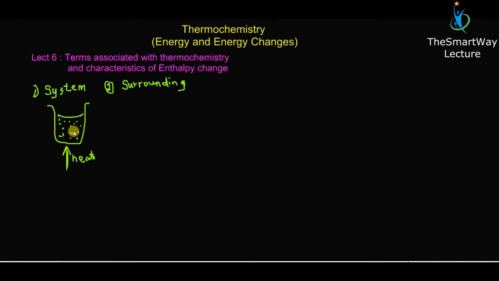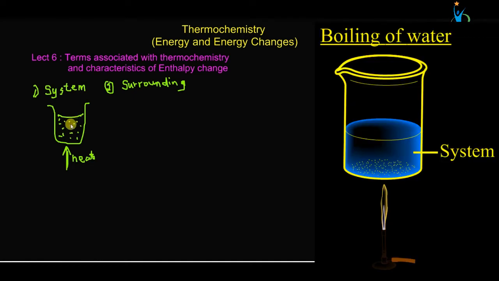But it is very important that the water you are boiling is not isolated from the surrounding. Because you are interested in boiling just the water, that part that you are interested in is what we call a system.